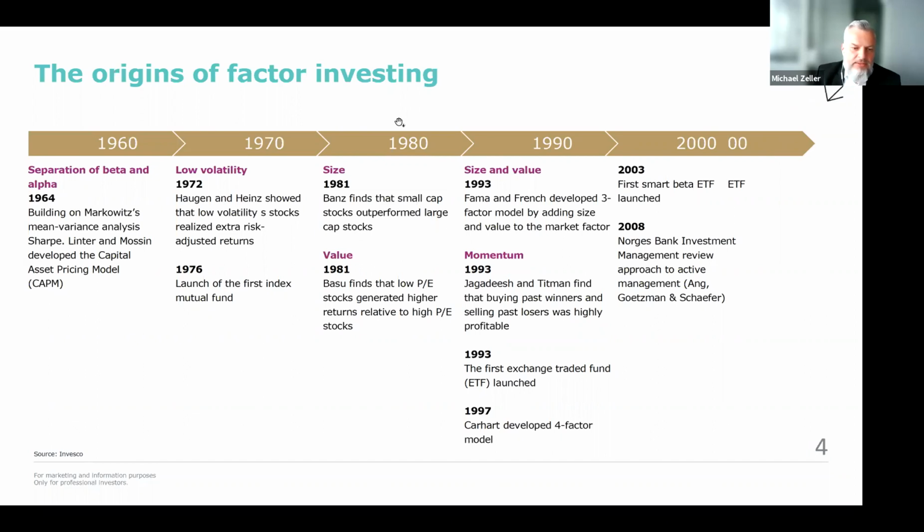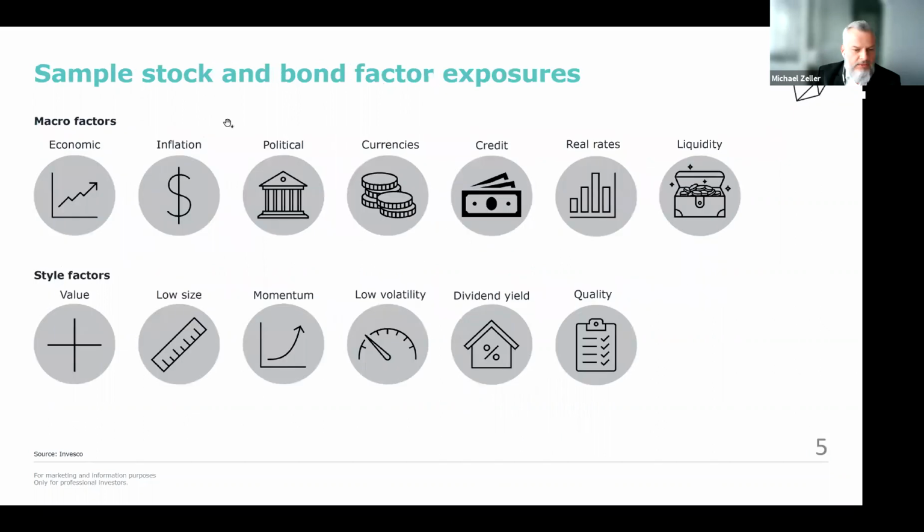So on the next slide, we will have some different factors that could be used in factor investing. On the upper row, we see so-called macro factors. Macro factors can refer to economic developments, to inflation, to political issues, and so on. And on the other hand, we have the so-called style factors.